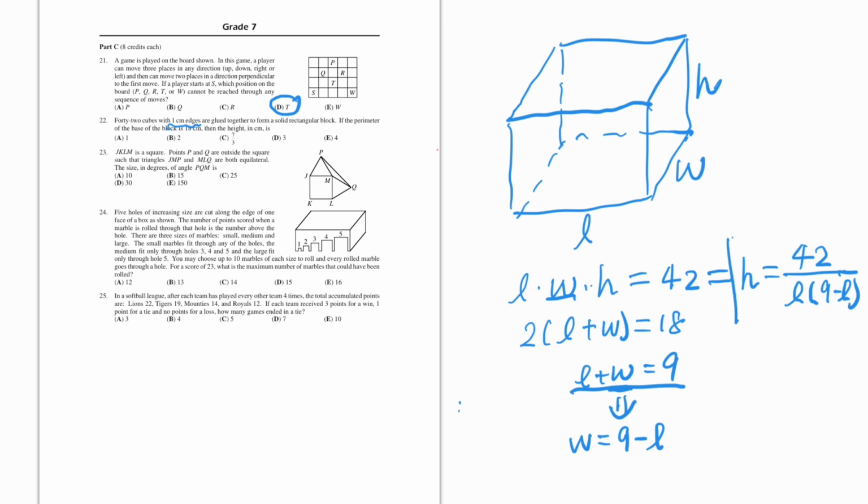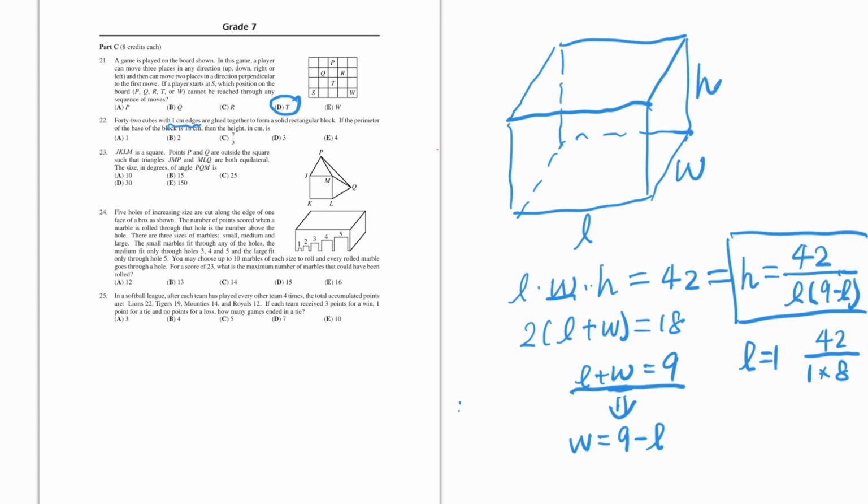Now from this equation, we do the inspection. If L equals 1, because the 42 have the 1 times 42, we cannot get this one. 42 over 1 times the 8, 9 minus 1, that's the 8. 42 over 8, not integer.